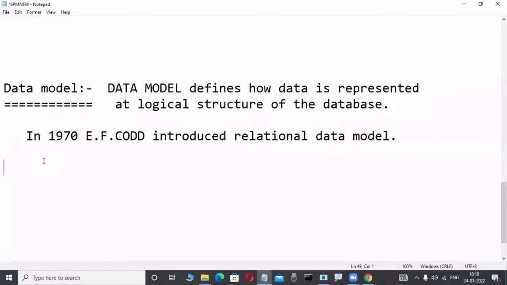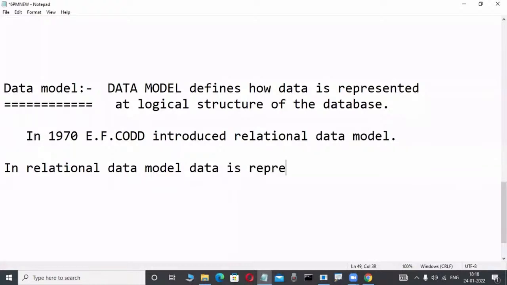Observe here: in the relational data model, data is represented in two-dimensional tables, in the format of rows and columns.